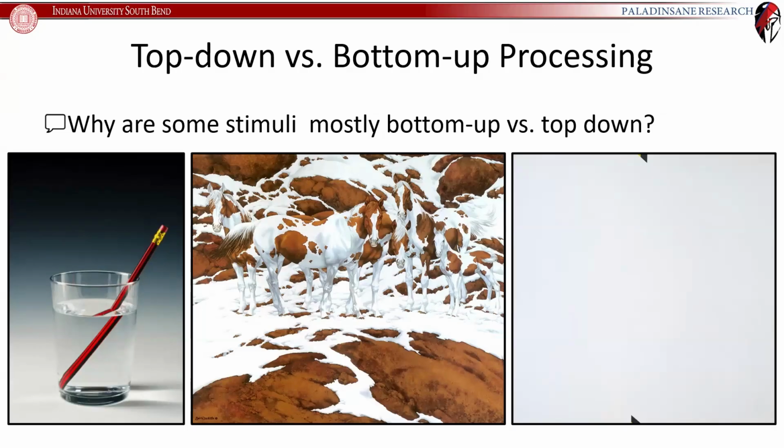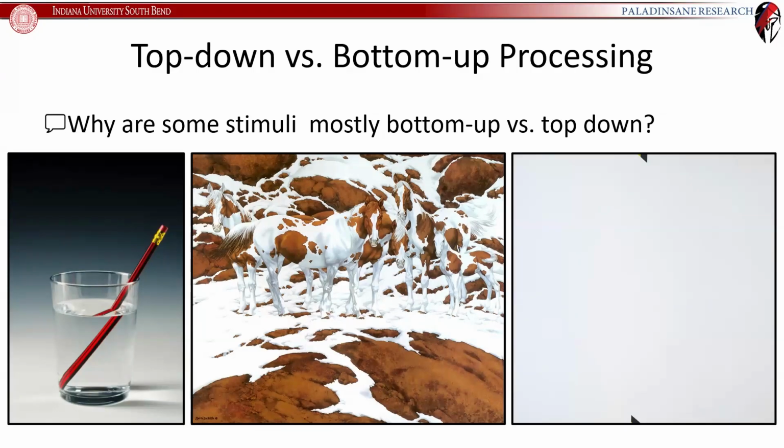On the left, with the pencil in the glass of water, we saw that it was very resistant to any top down processing, because there's so much bottom up information telling you that the stick is broken or bent, even though we know from the physics that it's actually a straight pencil.